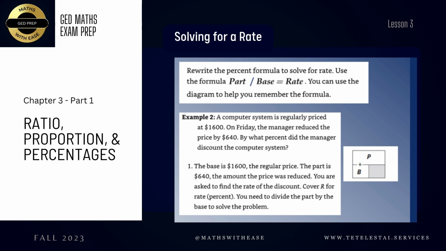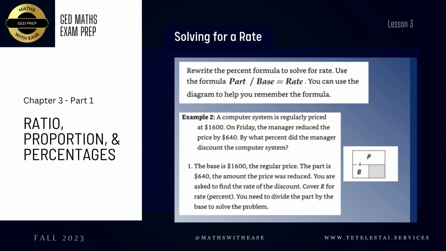So that simply just tells you that to find the rate, all you do is divide the part by the base. So in this example, we're being told that a computer system is regularly priced at $1,600. On Friday, the manager reduced the price by $640. And then the question is asking you by what percentage the manager discounted the computer system, right?